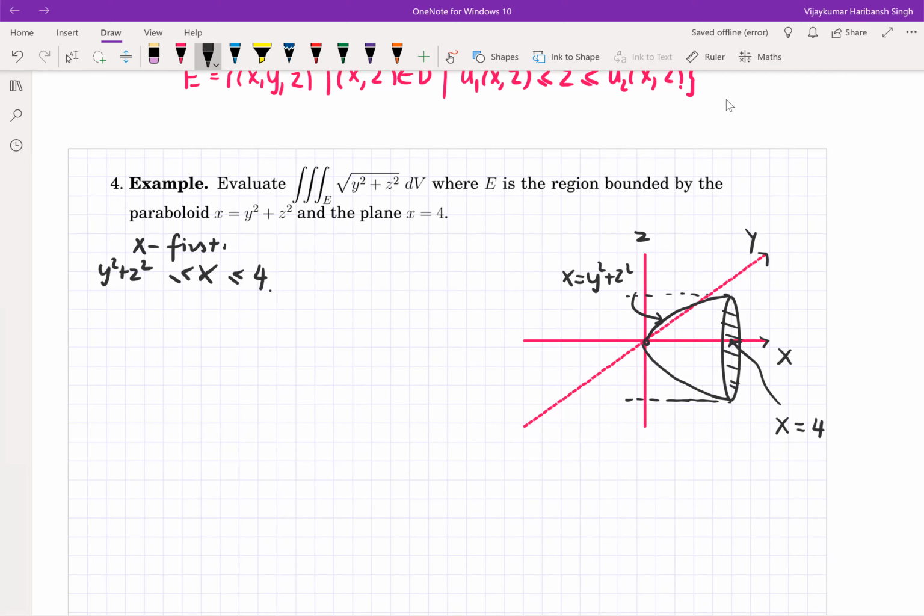So now, what is the projection of this? If you look at the projection of this as a disk, D, D is going to be Y and Z such that Y squared plus Z squared is less than or equal to 4.